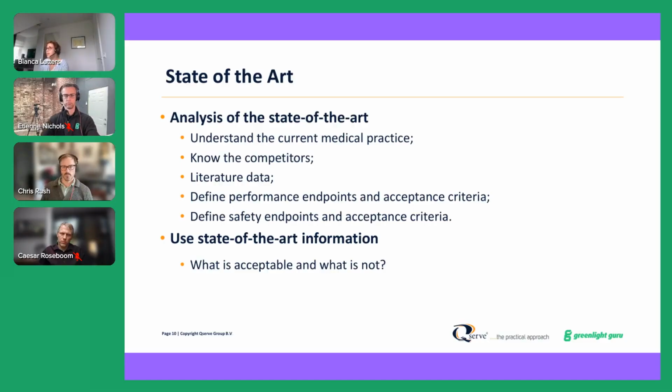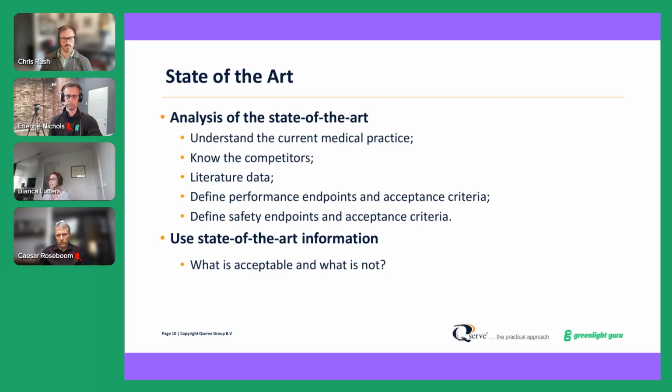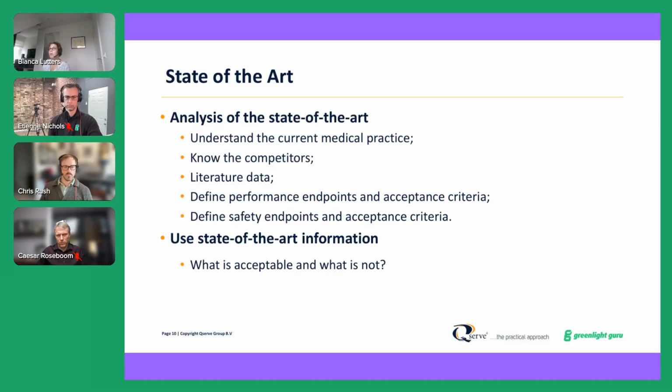Then based on that state-of-the-art information, you can determine what is acceptable, yes or no. Because if you know that the current medical practice has only in 5% of the cases a major adverse event, whether that's infection or a patient death or whatever is relevant for your device, you need to be meeting that acceptance criterion, or you need to be better.